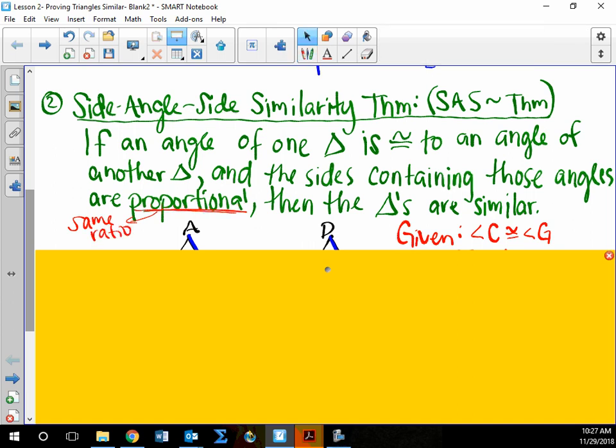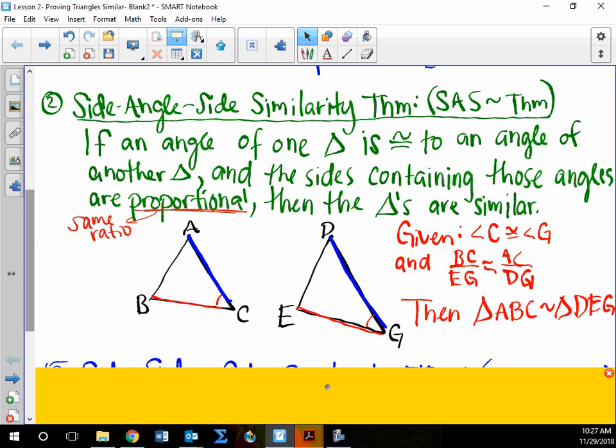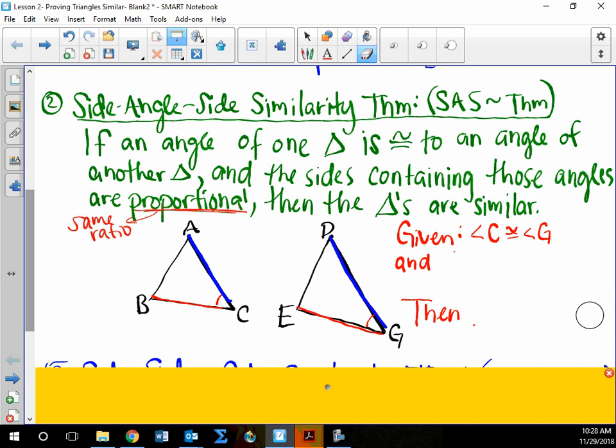Okay, so let's take a look at an example for this. Suppose they give us triangle ABC and triangle DEG.